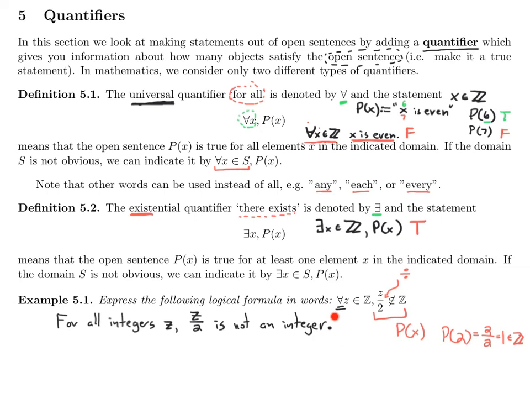So this is false. We found an integer where if you divide it by 2, you get an integer. So we proved this wrong. The open sentence is wrong here. So this is a false statement.